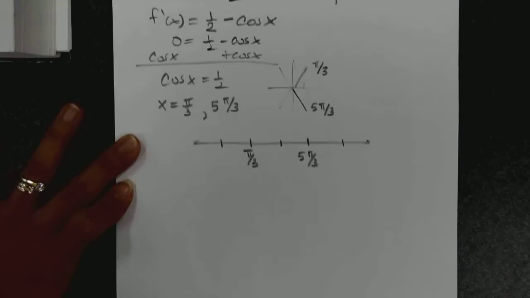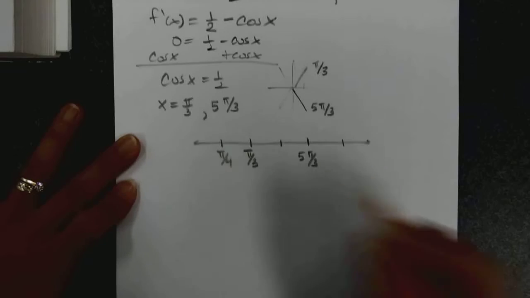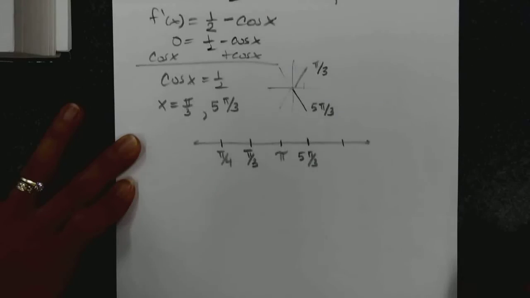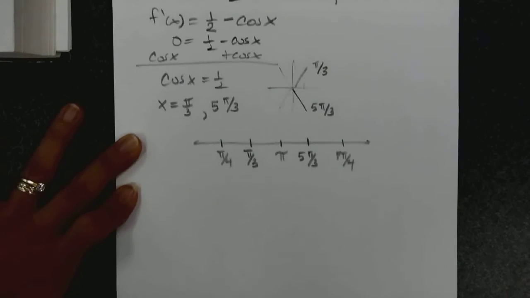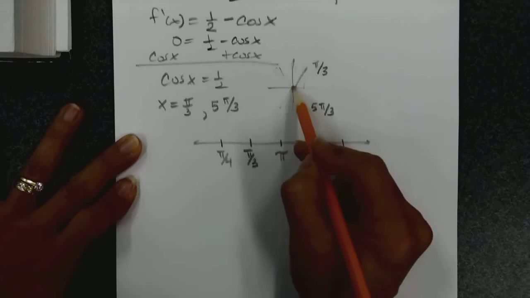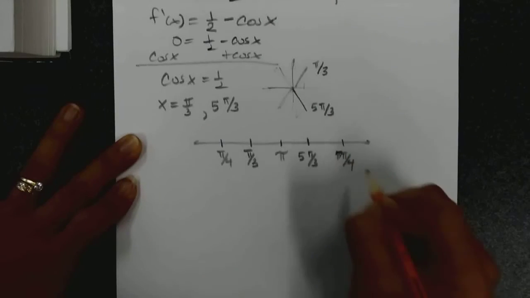And I'm just going to pick, let's pick pi over 4. I can even pick pi. And let's pick, what do we want to pick? 7 pi over 4, right? I think that's a pretty good circle right here. 1, 2, 3, 4, 5, 6, 7. 7 pi over 4.